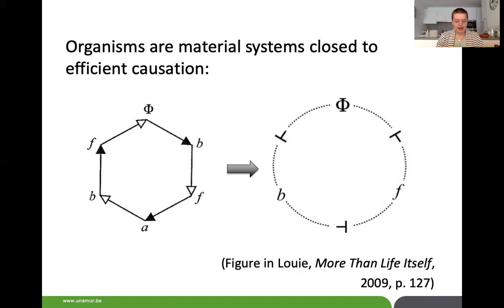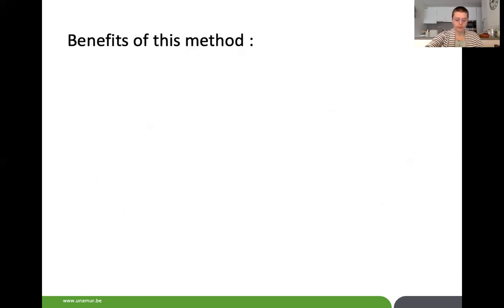Living entities are still open systems in a thermodynamical sense. There are constant flows of matter and energy between the inside and the outside of the organism, the environment. But every process is explained within the system. It contains its efficient cause.